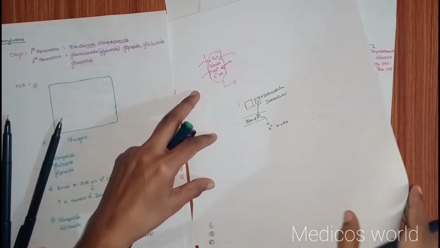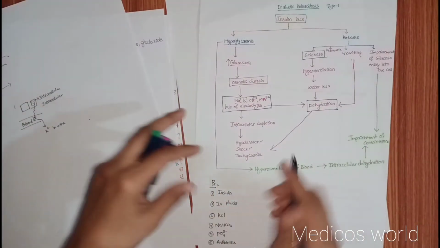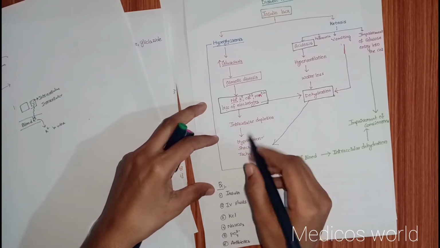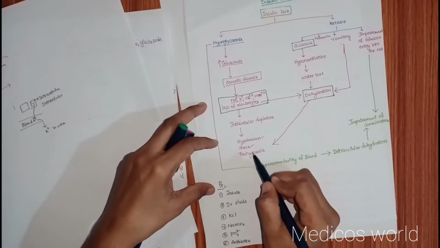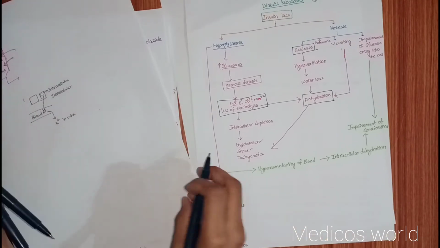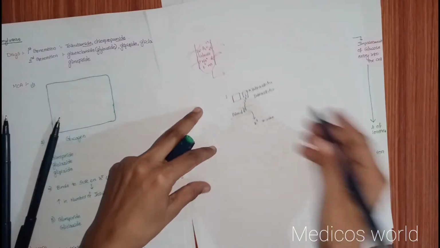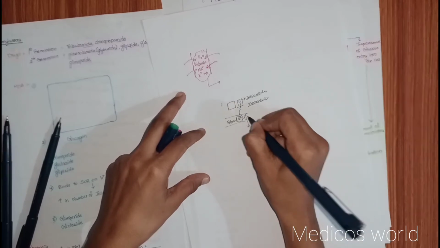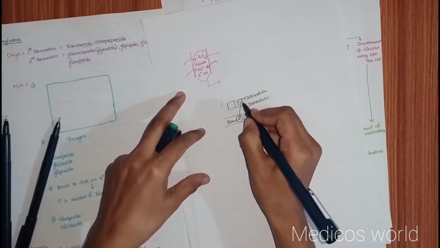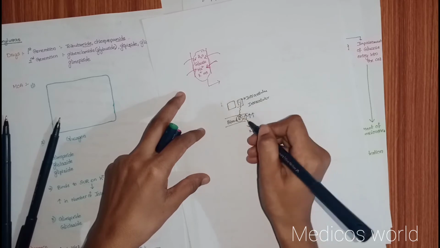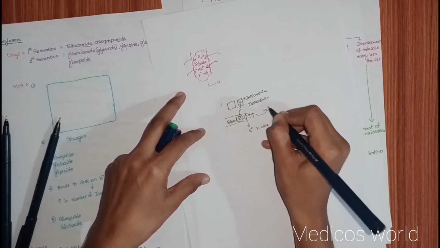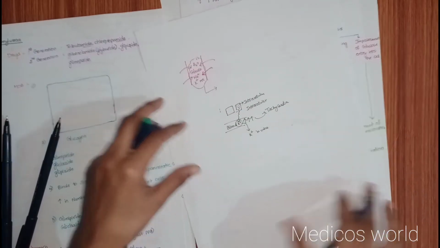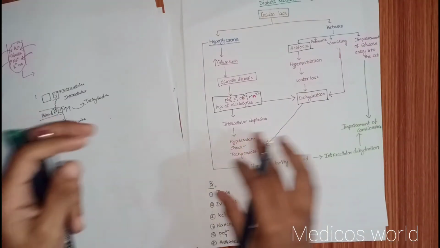Are you getting my point? All these things lead to hypotension, shock and tachycardia. Why tachycardia? The potassium levels are increased in the blood because of the mobilization from inside the cells. This potassium leads to tachycardia because of increased potassium concentration.